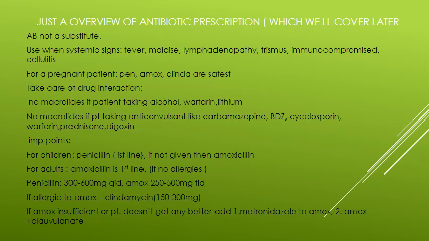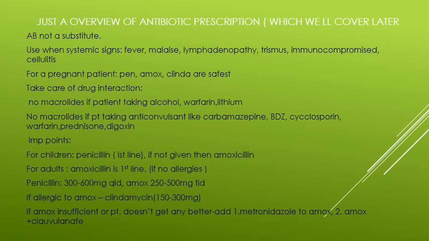Whenever we have any systemic signs such as cellulitis, trismus, lymphadenopathy, the patient is immunocompromised, malaise, fever. So these are the 6 signs. When the patient is having any of these, then you have to give him an antibiotic. For a pregnant patient, penicillin, amoxicillin, clindamycin are the safest drugs. Remember these things. And you have to take care of drug interactions as well.